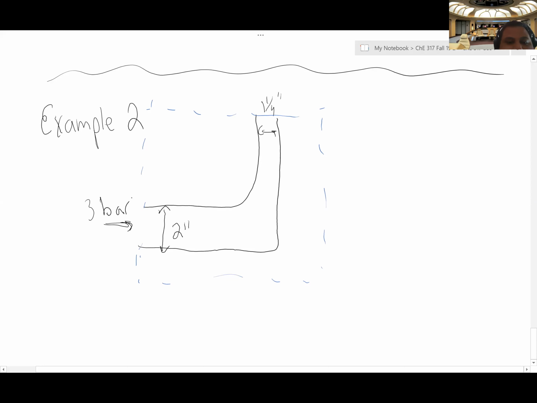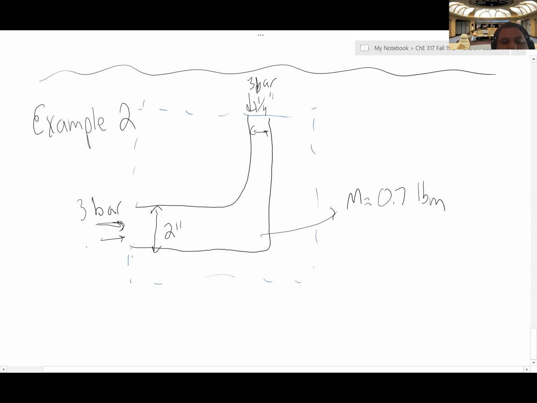And the mass was 0.7 pound mass. And it's flowing in at 6 feet per second.